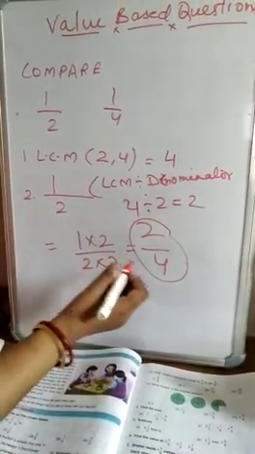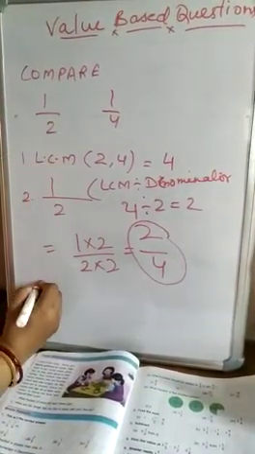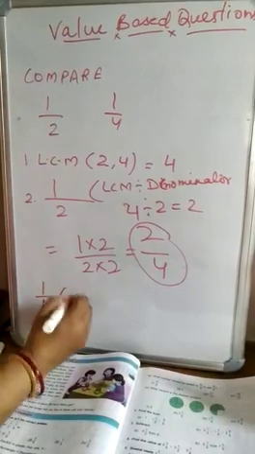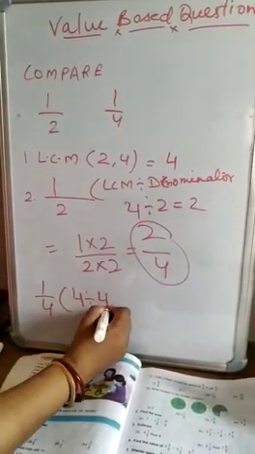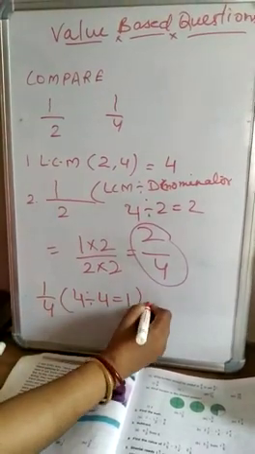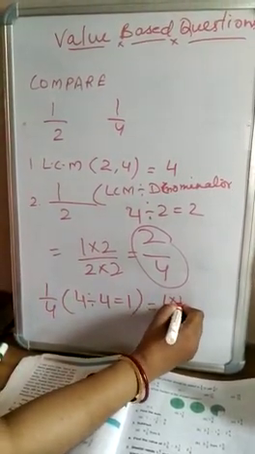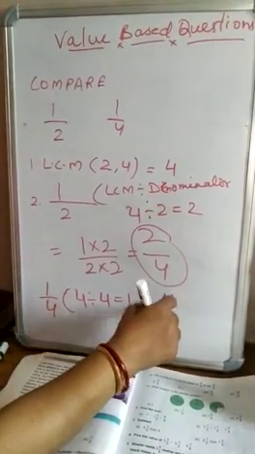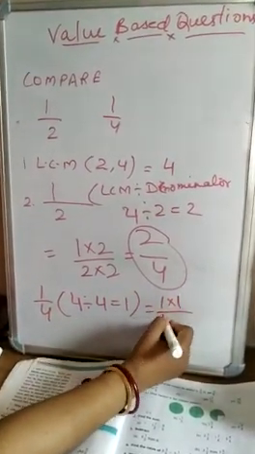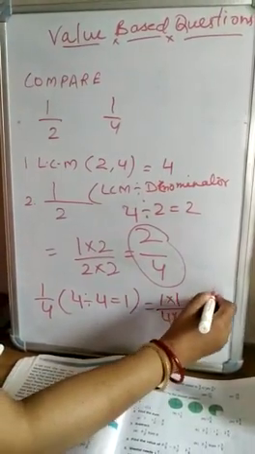One fraction is converted. Now the second is 1 by 4. We again divide the LCM 4 by this denominator 4. 4 divided by 4 is 1. So I will multiply numerator and denominator by the quotient 1: 1 into 1 by 4 into 1, that equals 1 by 4.